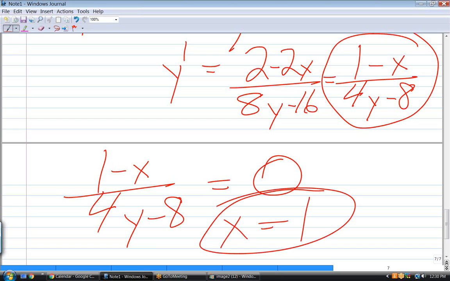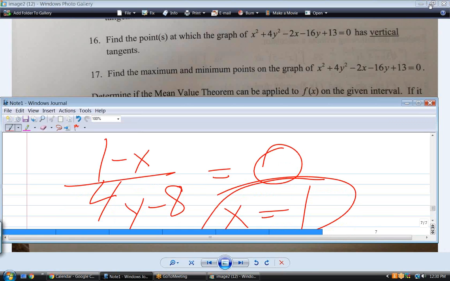So that's the only place where the first derivative is equal to 0. So if we're looking for relative minimums and maximums, well, they don't say relative. They say find the maximum and minimum points on the graph.